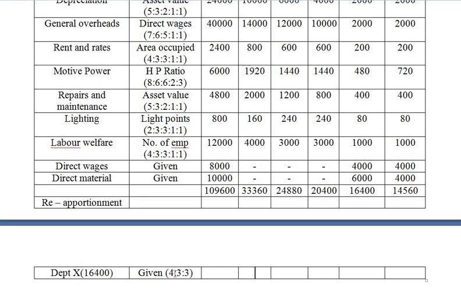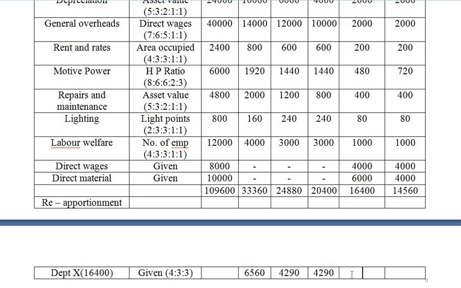Now distribute the 16,400 in this ratio, that is 6,560, then 4,920, and then again 4,920.